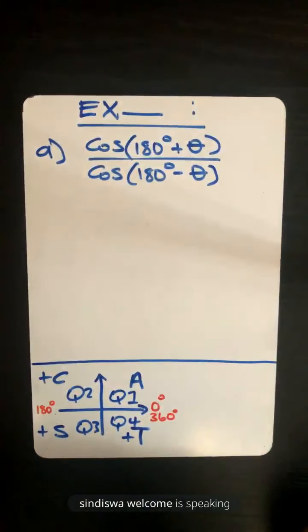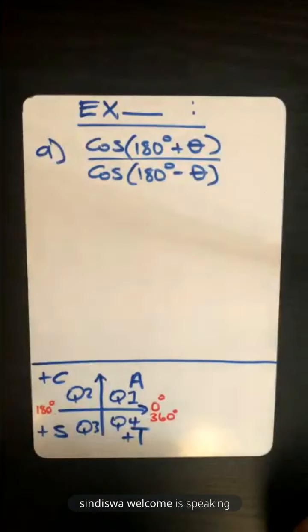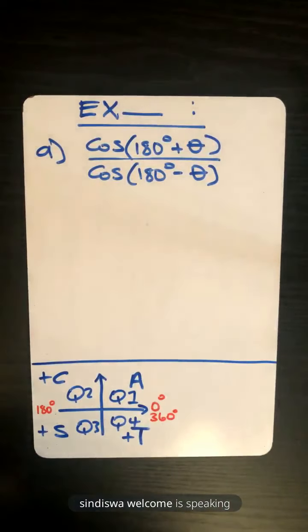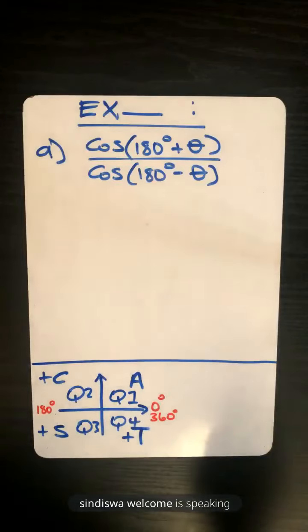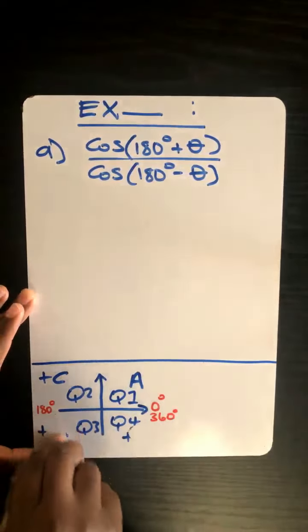Yes, please ask about the diagram. Isn't it supposed to be cos on the 4th quadrant and then tan on the 3rd quadrant and then sine on the 2nd one? Yes. Thanks very much about that.